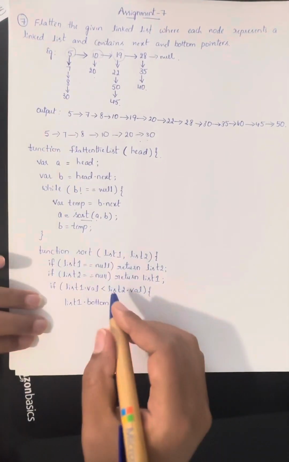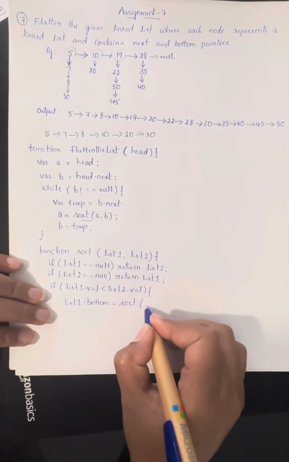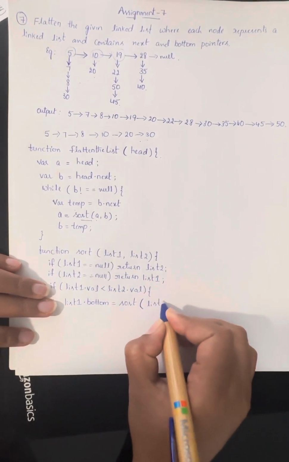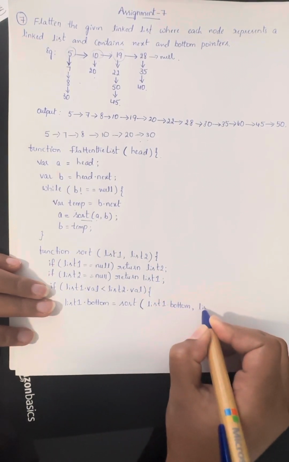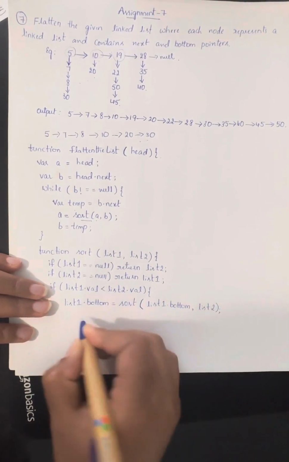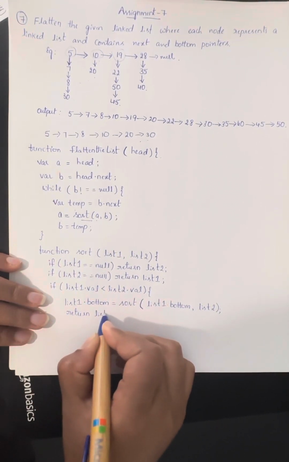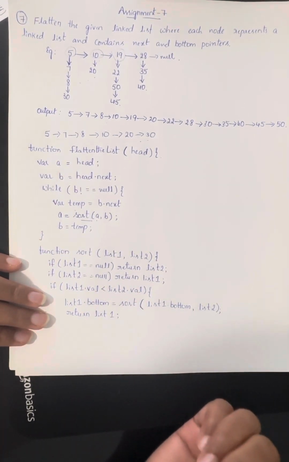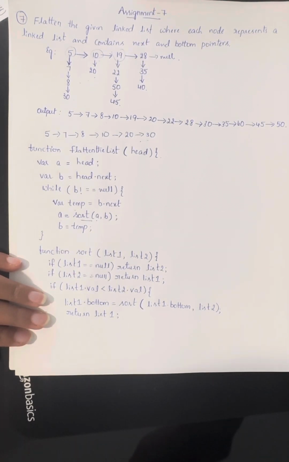So we are using list1.bottom equals sort, and here we need to give the next element in list1, which is list1.bottom, comma list2. This is the same code that we used for the previous problem, where we merged two individual lists.